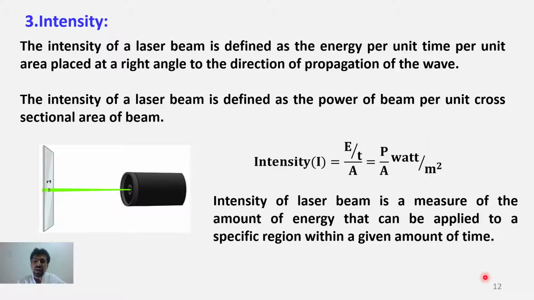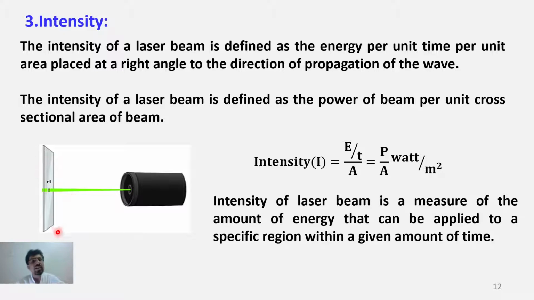The intensity of the laser beam is a measure of the amount of energy that can be applied to a specific region within a given amount of time. Now see here, this is the source of the laser and it emits a beam of laser light.